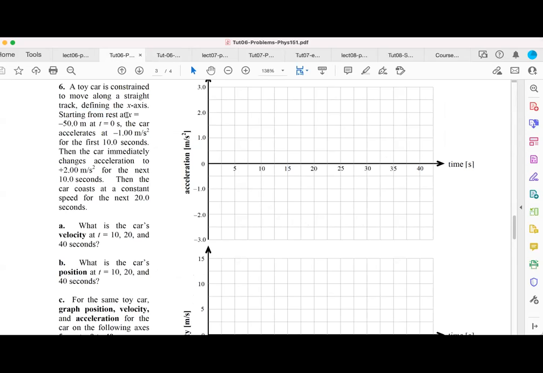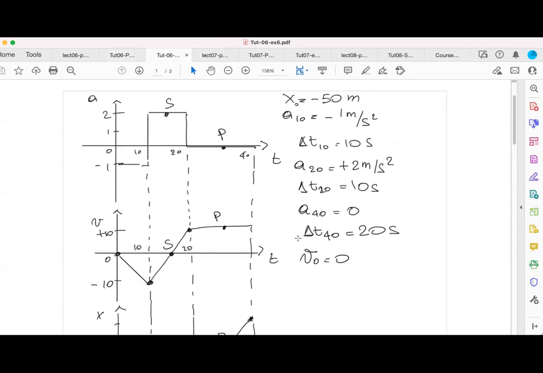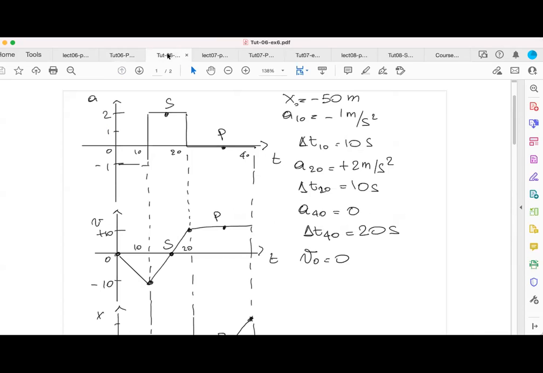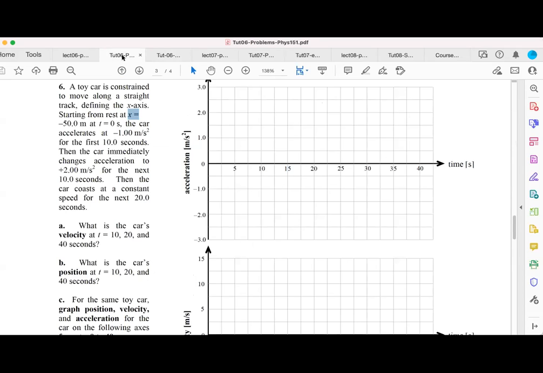Here it just says x, but if you don't want to get confused, you should write x initial or x naught, so you know that it is the beginning. In my case, I wrote x naught is equal to minus 50 meters, and this is at t equal to 0 seconds. I didn't write it, but keep in mind t is equal to 0 seconds.